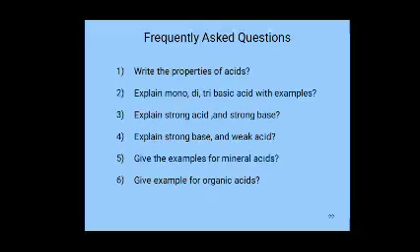Acids which come from plants are called organic acids, like oxalic acid and acetic acid. What are mineral acids? Inorganic acids are called mineral acids. Acids liberated from minerals are called mineral acids, like HCl and H2SO4.